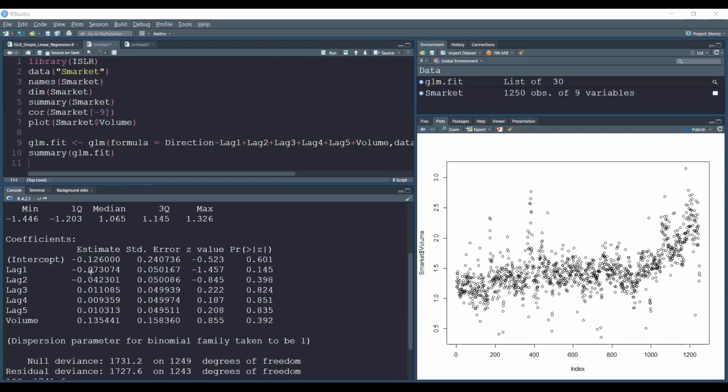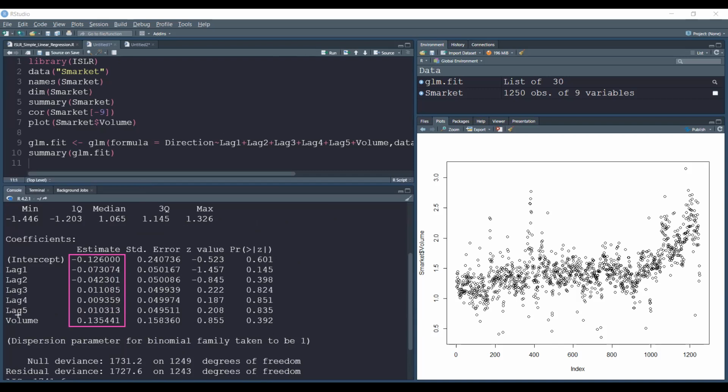These are the parameters. And the Z values are quite high. In fact, there are no asterisks. We're probably just going to conclude that these aren't very useful, as one would expect, I think.